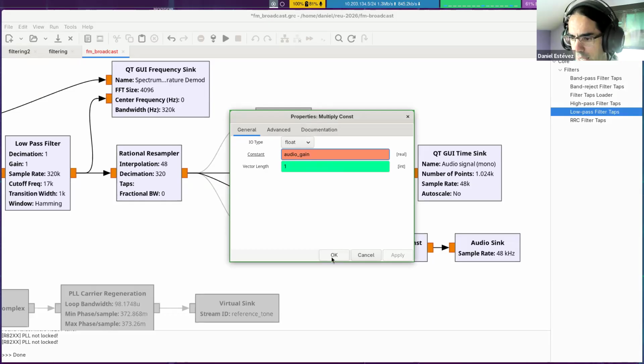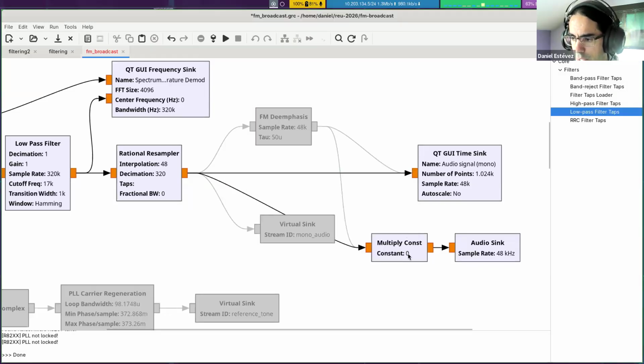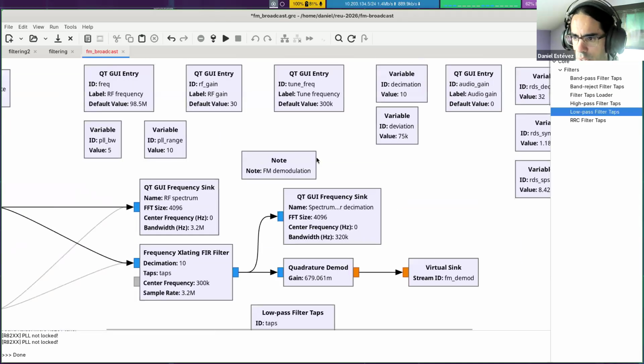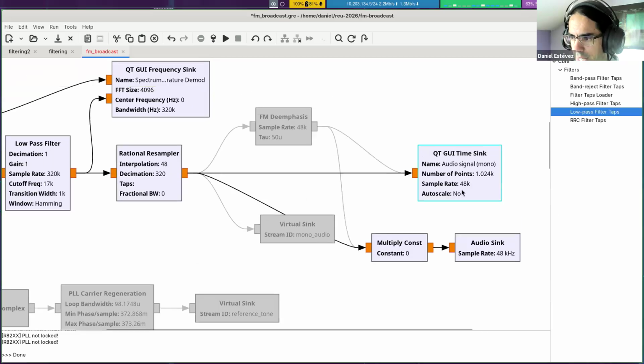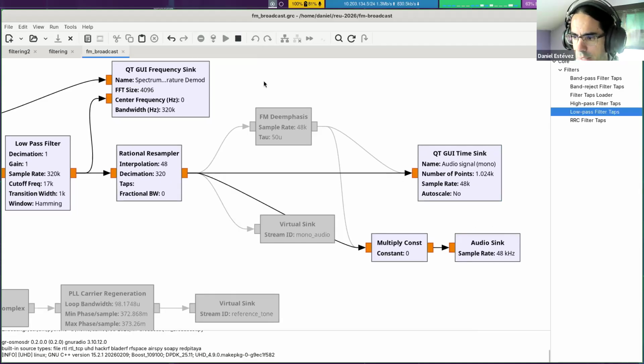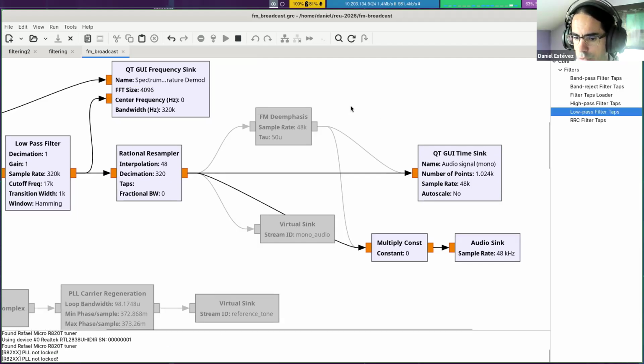We will see. It's not a huge deal if it doesn't work. I'm controlling that with a QT GUI entry, which is here, audio gain. And then I'm showing the mono audio signal in a time sink, and I'm sending it to the audio sink, which is the speaker. Let's see how this works.